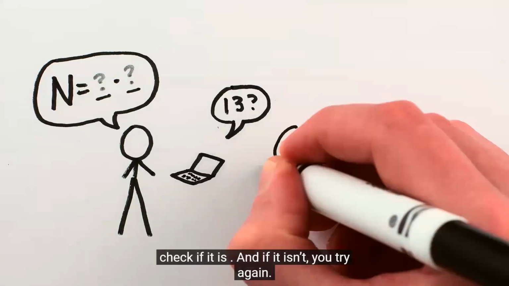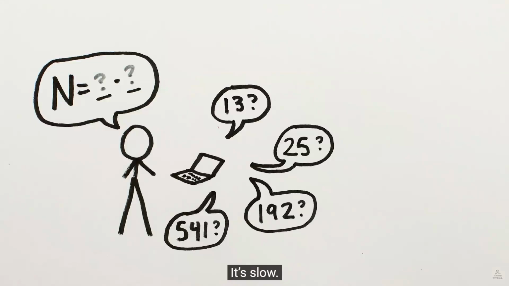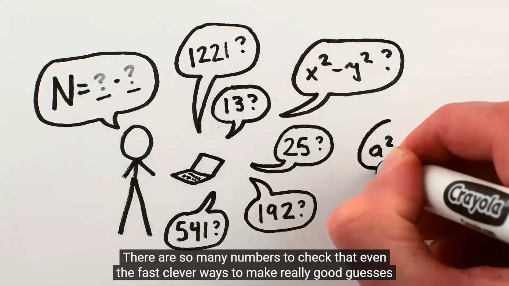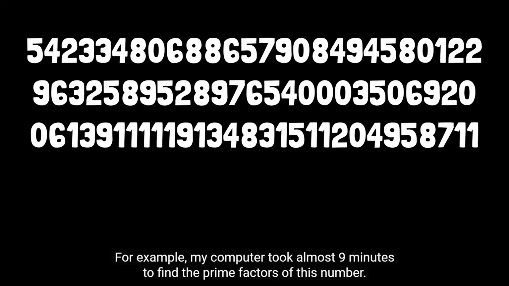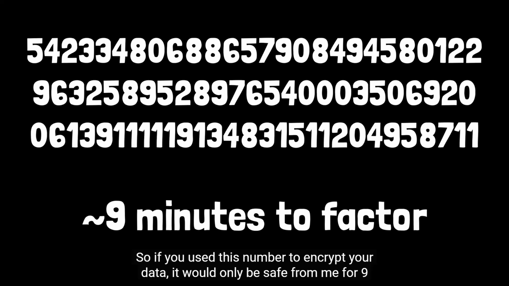And if it isn't, you try again, and again, and again. It's slow. There are just so many numbers to check that even the fast, clever ways to make really good guesses are slow. For example, my computer took almost 9 minutes to find the prime factors of this number. So if you used this number to encrypt your data, it would only be safe from me for 9 minutes.